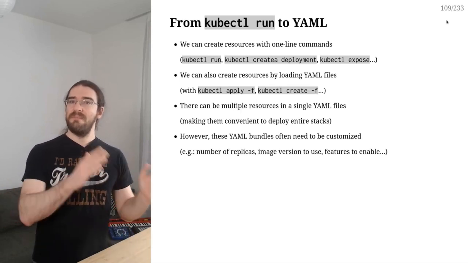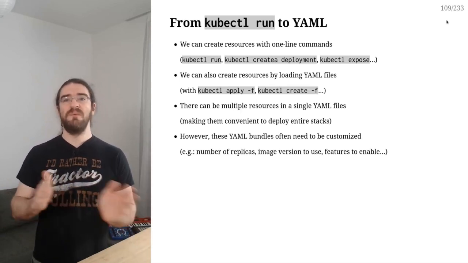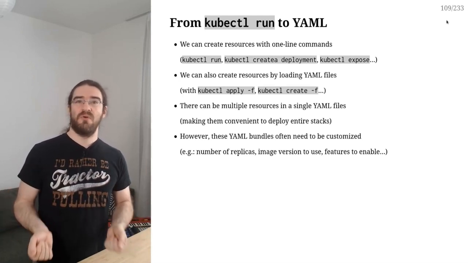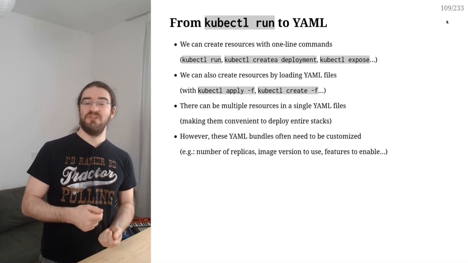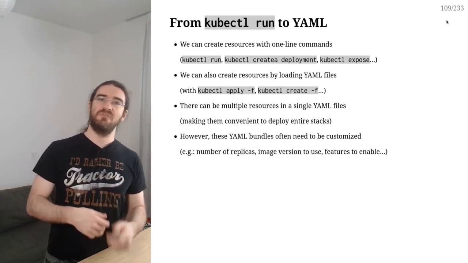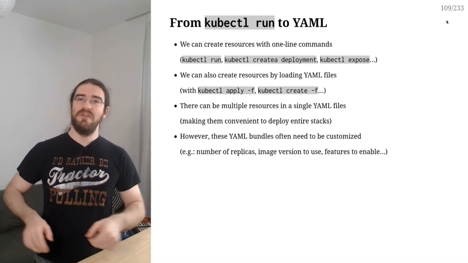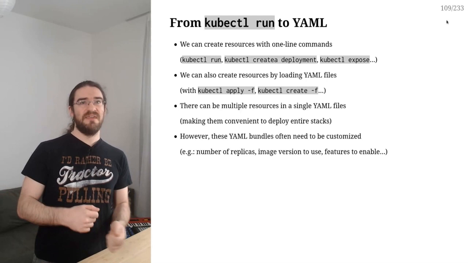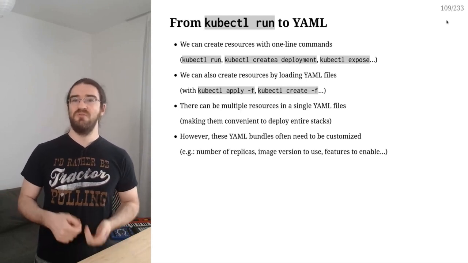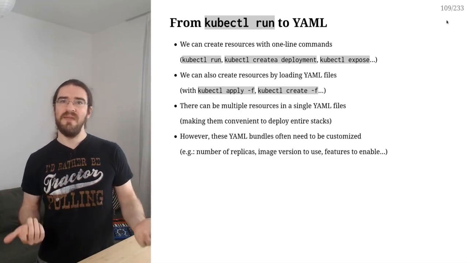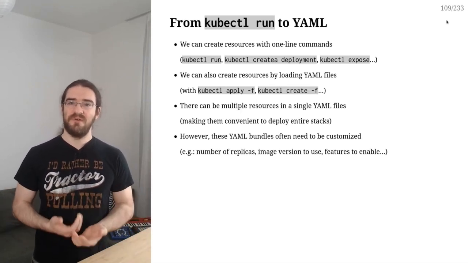We have these YAML manifests, we can put them in Git repos, and that's a way to know what we want to have on our cluster. And when we want to make changes, instead of doing kubectl scale this and kubectl label that, we edit the YAML and we apply that YAML. That YAML is safely committed to a repo, so we have a log of all the operations that we want to make. We can rollback easily, and so on.